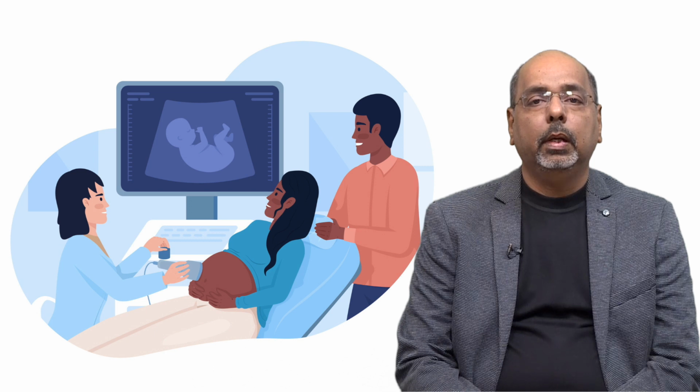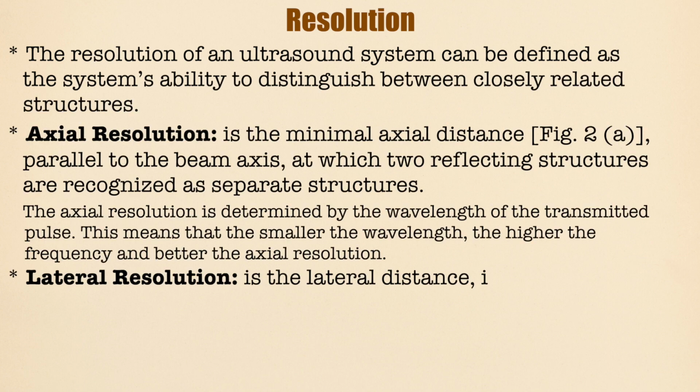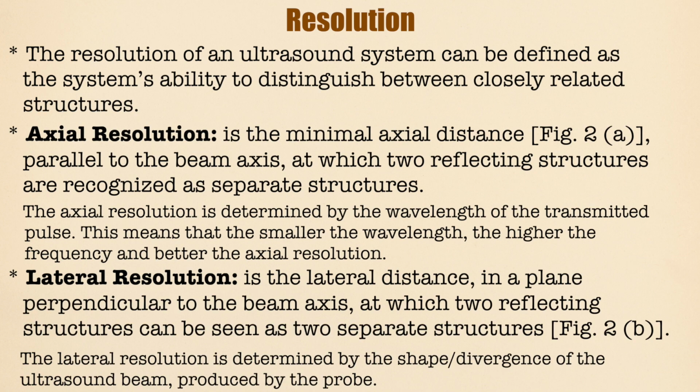Now I will talk about the resolution of an ultrasound system. The resolution of an ultrasound system can be defined as the system's ability to distinguish between closely related structures. Axial resolution is the minimal axial distance parallel to the beam axis at which two reflecting structures are recognized as separate structures.